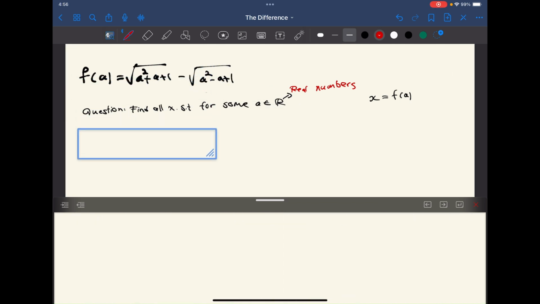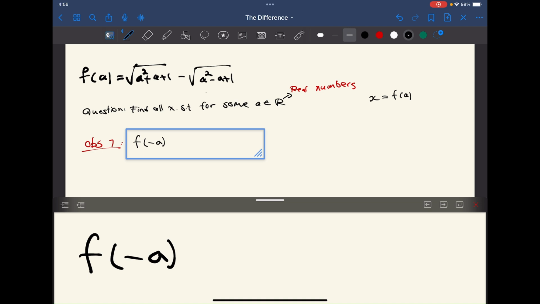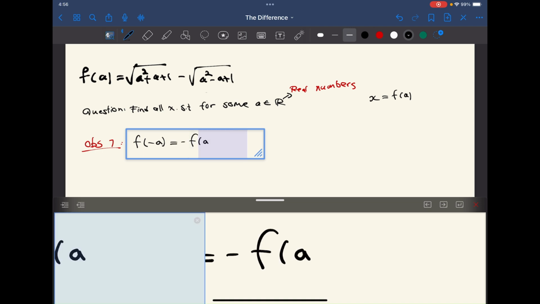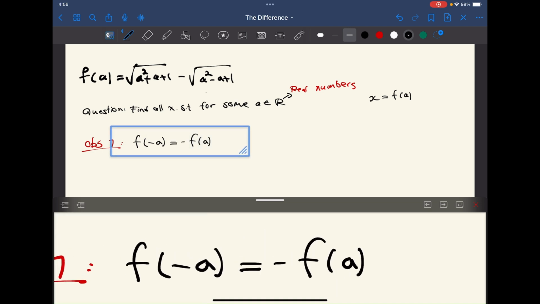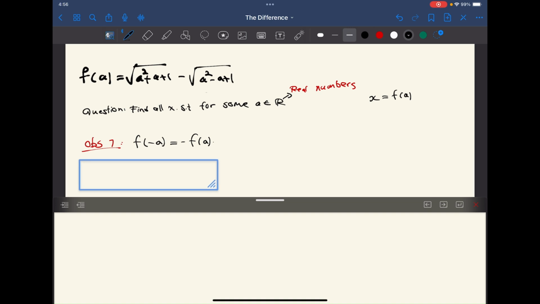first observation. Observation number 1 is that f of minus a is equal to minus f of a. And moreover, let me also say observation 2 here.